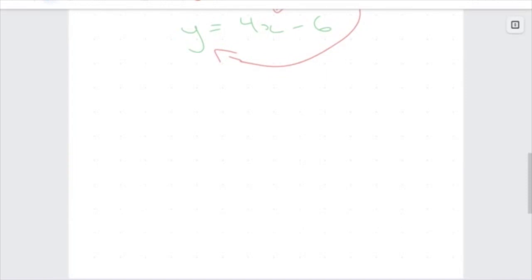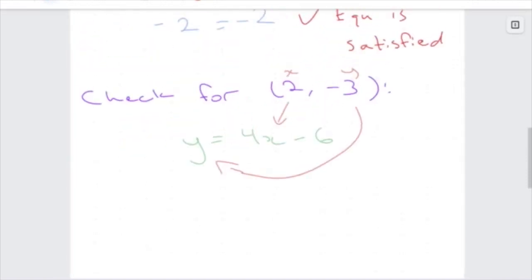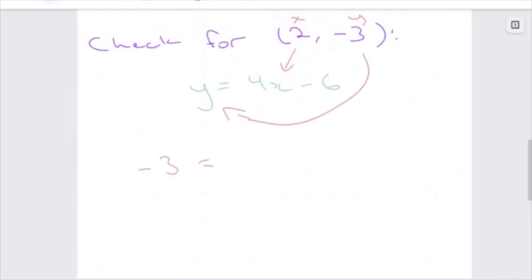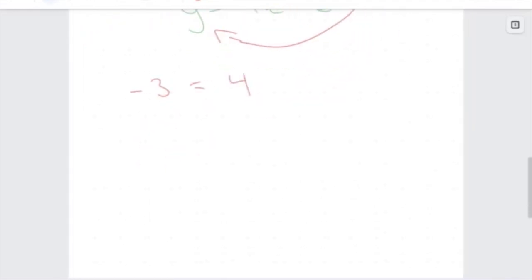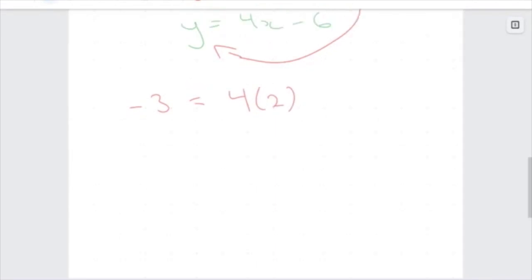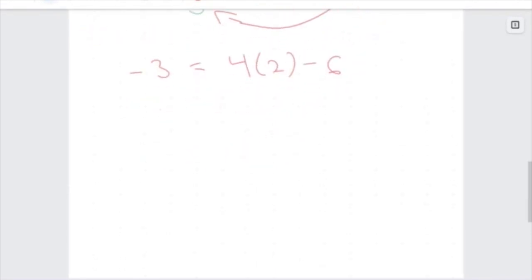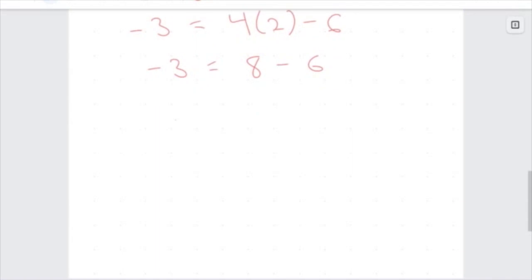So here we have -3 equals 4 times 2 minus 6. So next line of working, I have -3 equals 8 minus 6. -3 equals 2.